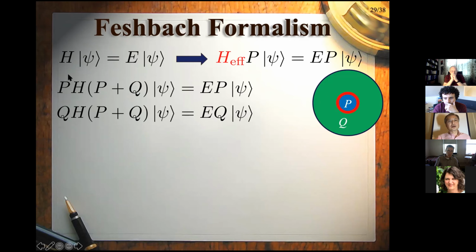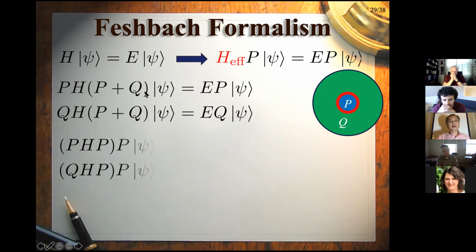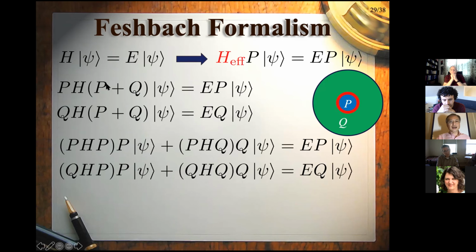Then I apply the Q projection operator to this, and insert P plus Q here. So I have two equations now, and then I simply rewrite this in this way. This first equation has P psi, but also Q psi here. And this second equation has Q psi, but also P psi here.